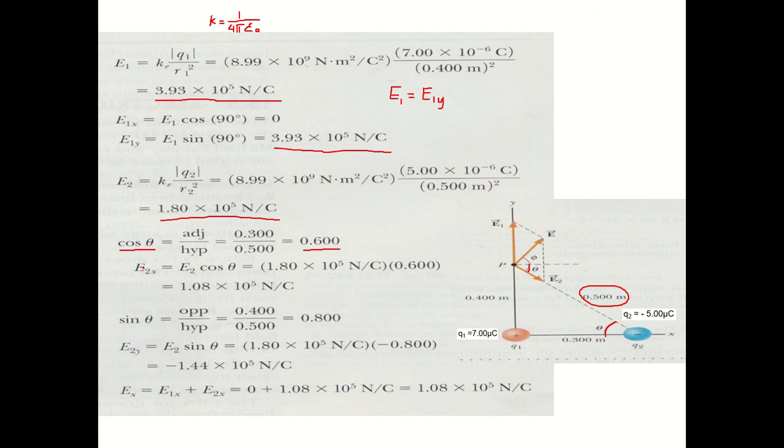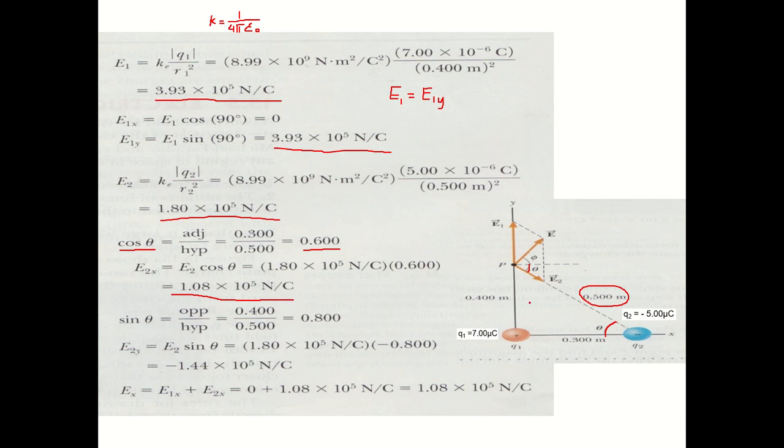So E sub 2x, meaning the horizontal component of this electric field, is equal to E sub 2 multiplied by cosine of theta, but the cosine theta is already solved. So we have this answer, which is equivalent to 1.02 times 10 to the 5 Newton per coulomb.